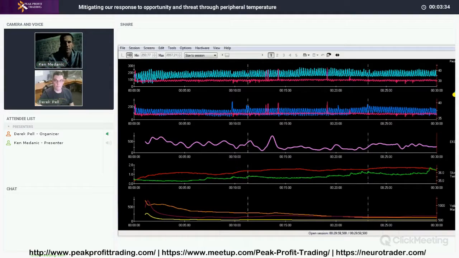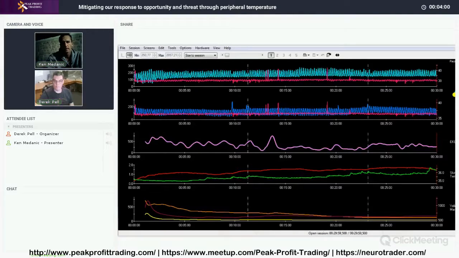So the first slide that you're looking at now is a successful trade, and one of the hallmarks of every successful trade is that your peripheral temperature remains very consistent and very stable. The dotted line here represents the entry point.